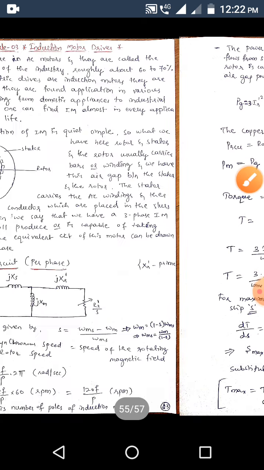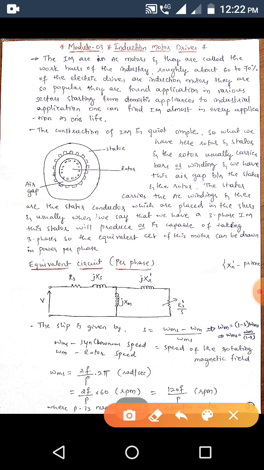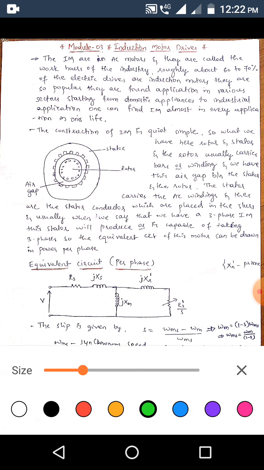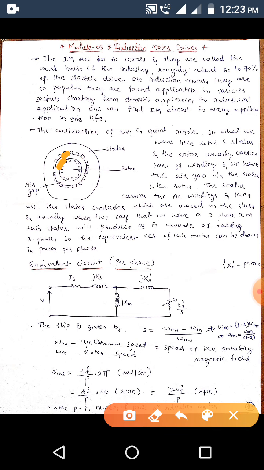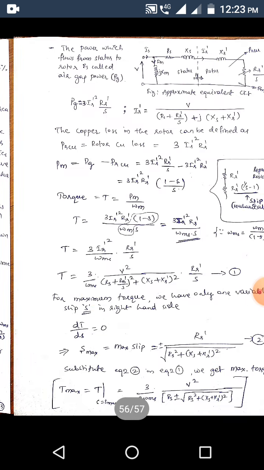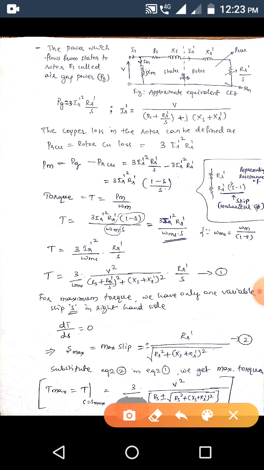We have the air gap in between the stator and the rotor here. So we need to calculate the power across the air gap here.